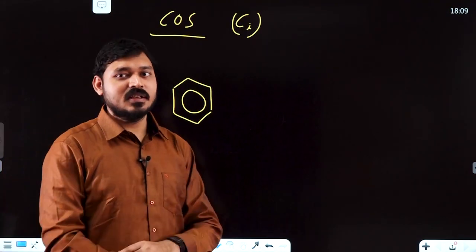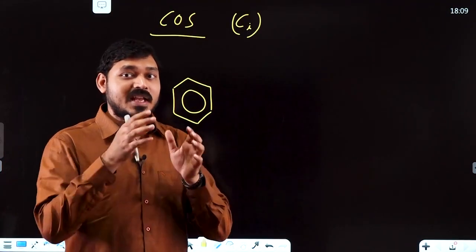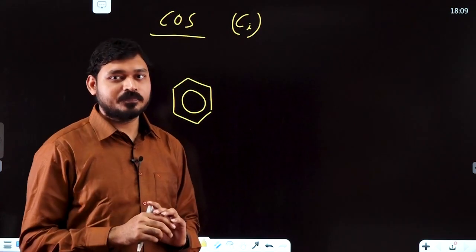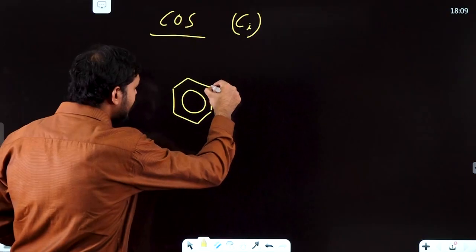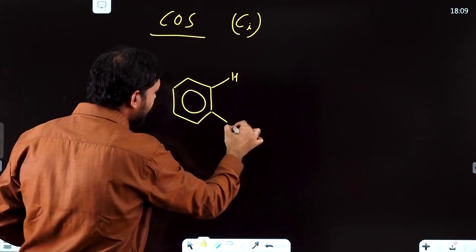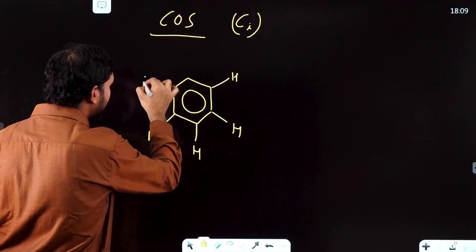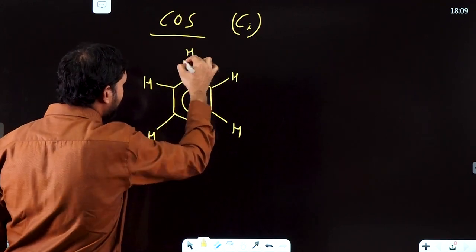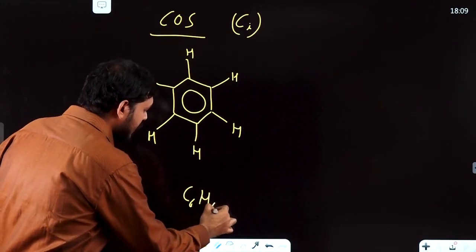But in this case, you have to remember that it must be valid for each and every atom of the molecule. Each and every atom of the molecule means, let's see the perfect structure of benzene and understand. See, all the carbon atoms here are sp2 hybridized, which means it is planar. So this molecule is your benzene, C6H6.